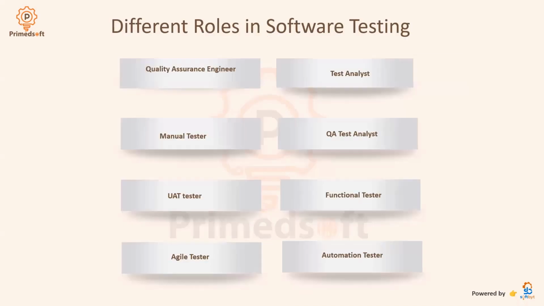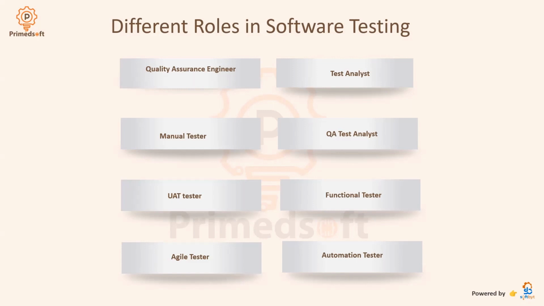So the next slide is different roles in software testing, right? Like I said, you've heard me use quality assurance engineer, you've heard me use test analyst, I've mentioned UAT tester, I've mentioned manual testing. So as a tester, you can be called a quality assurance engineer, right?